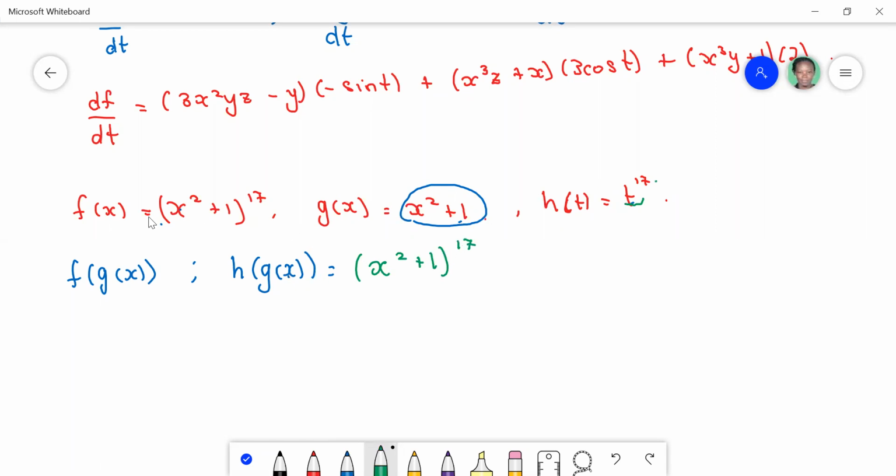Don't forget, x squared plus 1 to the power 17 is equal to this as well. So this is the composite function we're looking at.